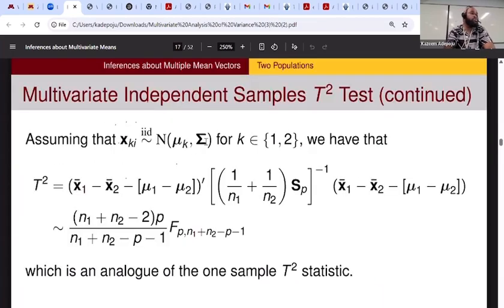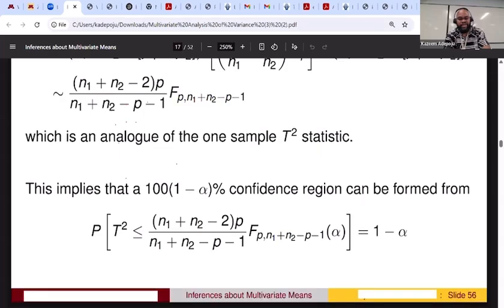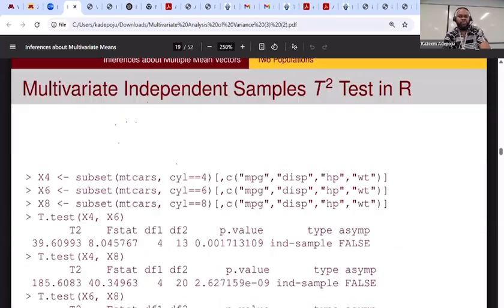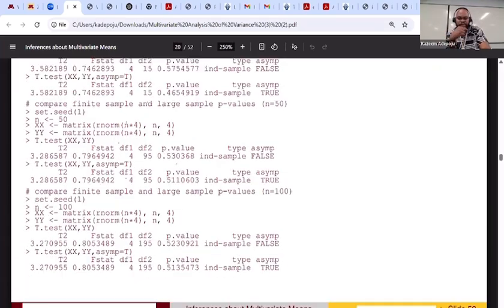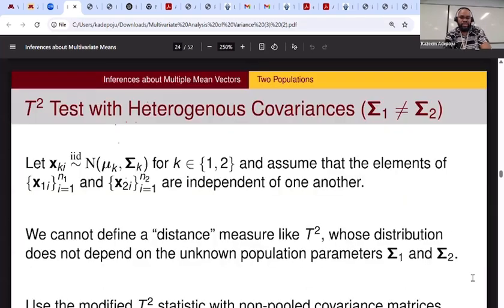But what if, in a situation like in classical statistics where you want to compare two groups, we could have a situation where the two population variances are not the same. Now we also want to do the same in a multivariate setting, where the population covariance is not the same for the two groups. That's what we want to do now.